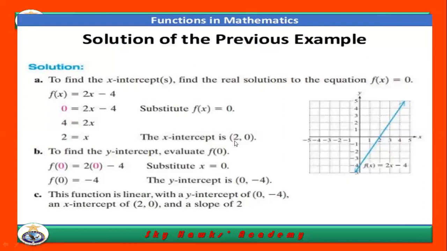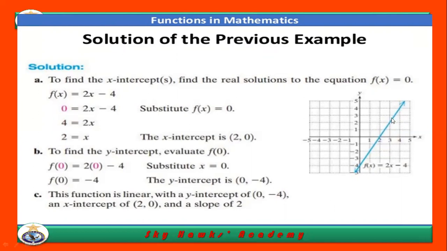The x-intercept is 2. From here, you can count from 0, that is the origin, and on the graph paper, if you are taking the scale appropriate to your length, 1 square counts as 1 unit. So we are 2 units away from the origin on the x-axis. So this will be the x-intercept.